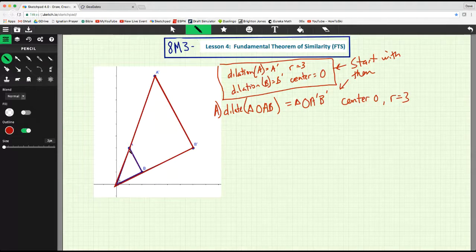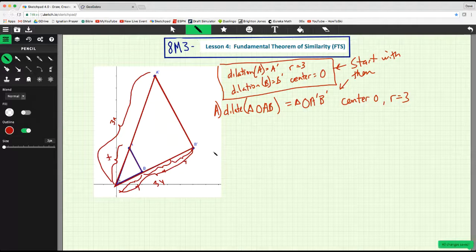So clearly, OA and OA prime: if this is a certain length, call it X, then this thing must be 3 times X, because I made this one 3 times further out. You can measure that with a ruler and see that it's true. Similarly, if this one was Y, then this thing is 3Y. It's 1 more Y and then 1 more Y. That's how I created these things. Okay, so we're just going to erase that for a second.